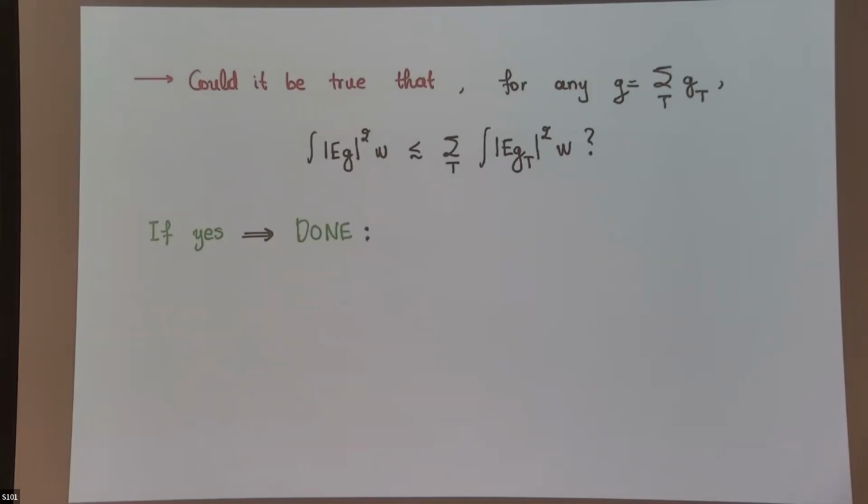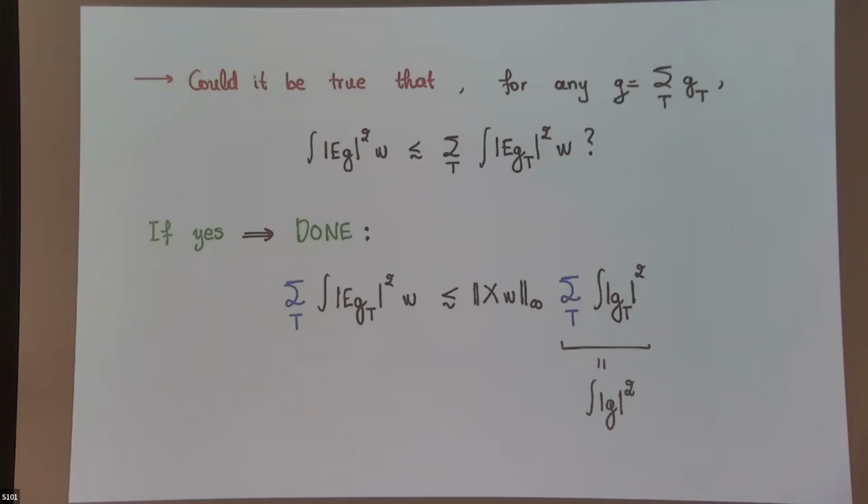So if yes, we would be done, the conjecture would be solved, because you just know that for each wave packet, the conjecture holds, you get this loss at the front. So you just add up over all wave packets. And on the right-hand side, you have orthogonality, like the Pythagorean theorem holding for g. This is just the integral of g squared. See the right-hand side of the conjecture appearing there. Okay, so that would be great.